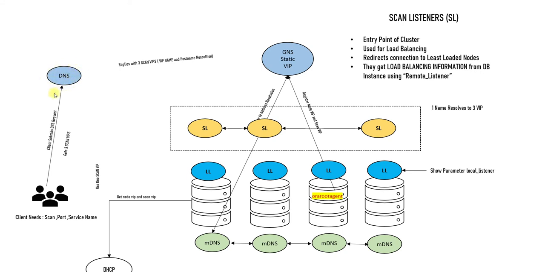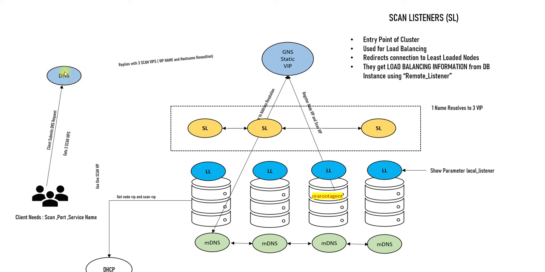Now what will DNS do? DNS has information about the cluster name. We saw that in the last slide, right? It will look at the DNS request from the client, and it will see that there is cluster information.